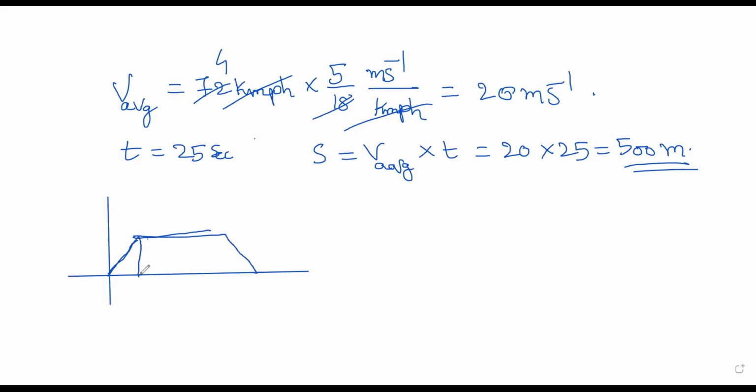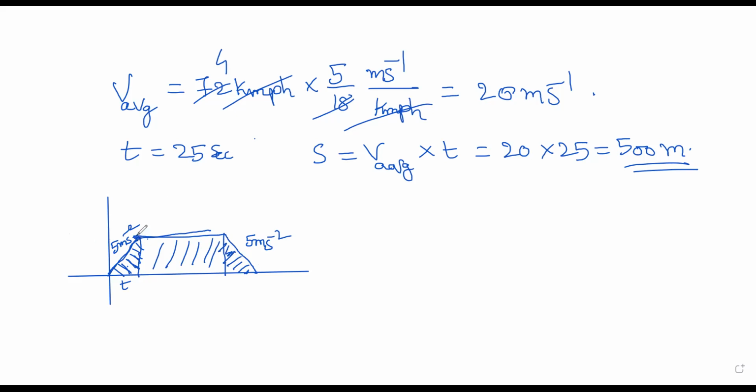So this area is a triangle. The acceleration is 5 meters second power minus 2 for a time of t. And this deceleration is also 5 meters second power minus 2. So this area plus this area plus this area gives the total distance covered, or you can say the displacement covered.